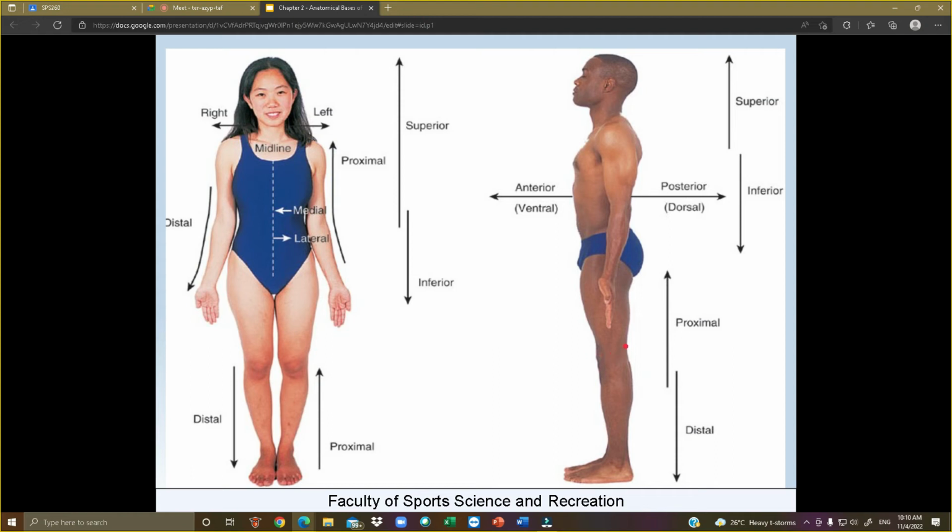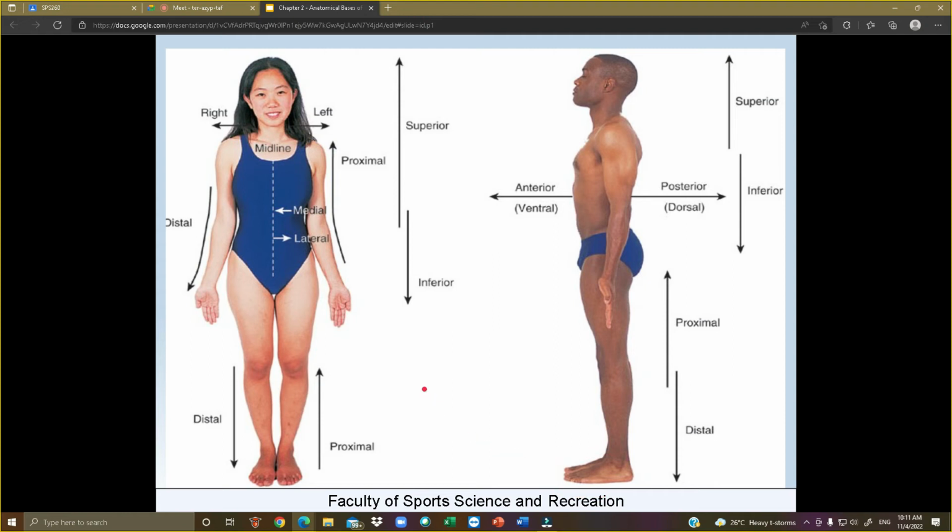If we compare knee dengan feet, yang mana satu proximal, yang mana satu distal? So kamu kena tengok yang mana satu dekat dengan badan. Lutut ke feet? Lutut. So the lutut is much more proximal to the body compared to the feet. Automatically the feet will be distal.